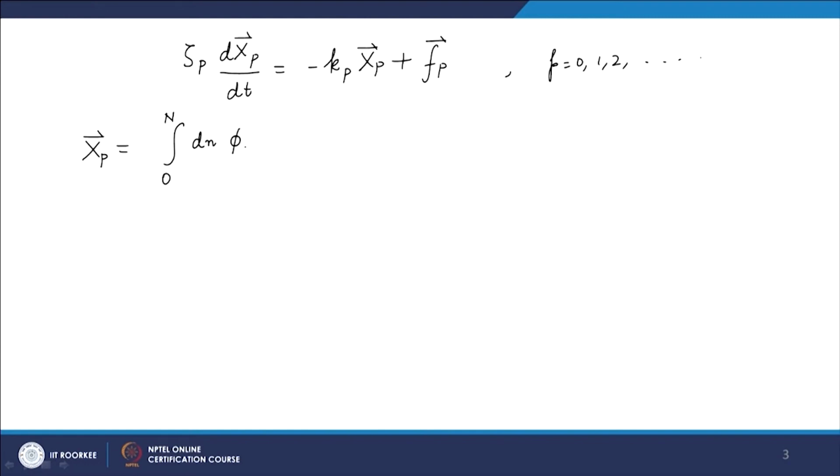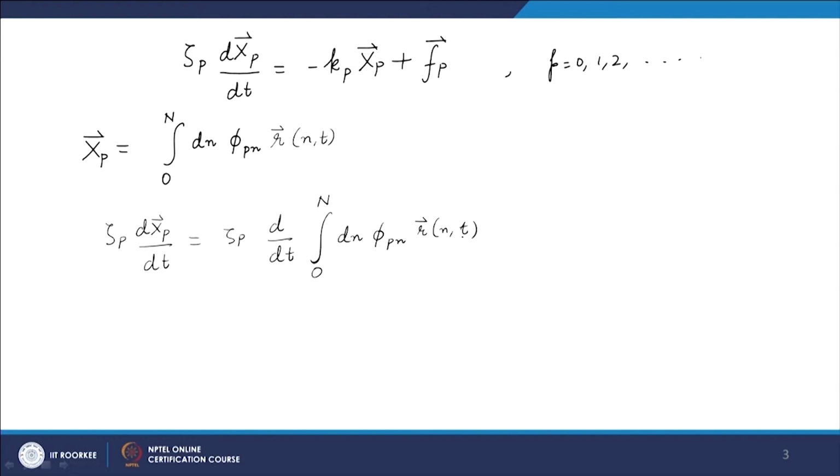So, now since we have defined xp as integral over n of phi p n multiplied by r and t, if I plug that in the equation above, what we have is the left hand side is the following.